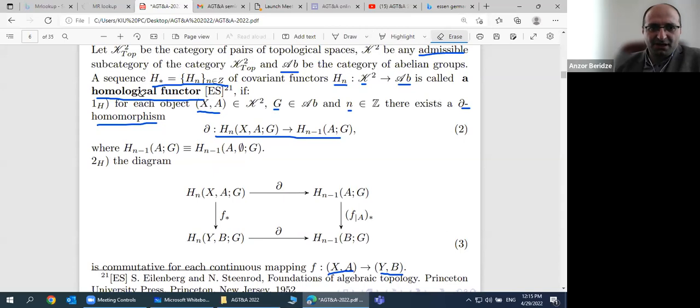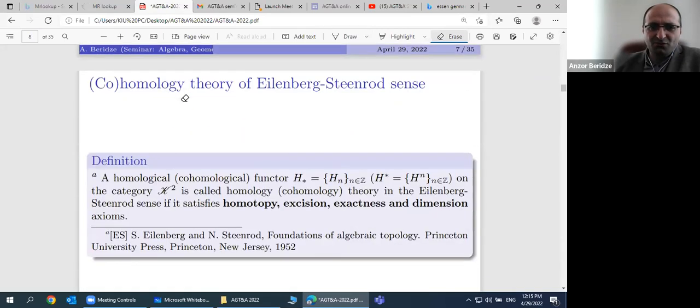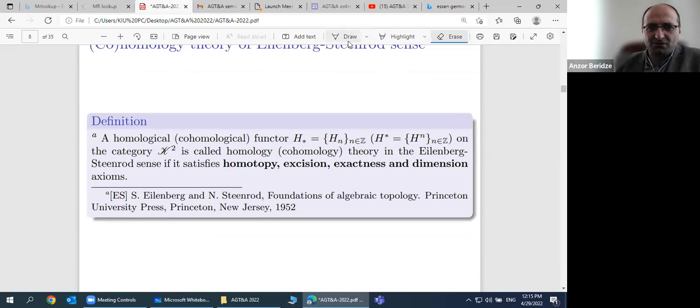And if we have a homological functor, then we say that this homological functor is a homology theory if it satisfies the homotopy, excision, exactness, and dimension axioms. So the problem is exactness in the case when we have the homology theory.